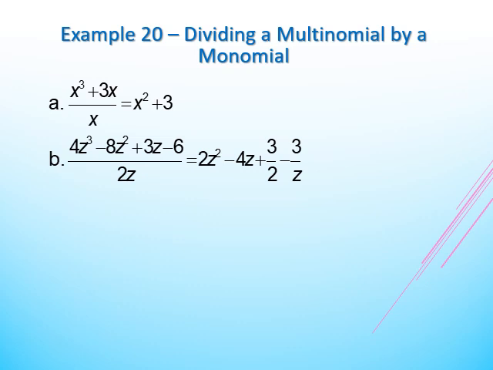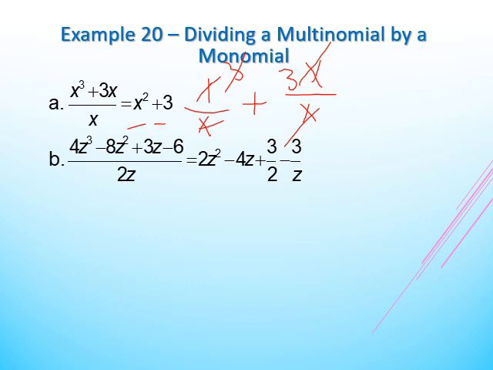We should separate this into two fractions like this: x to the power 3 over x plus 3x over x. To be the result, here x to the power 3 minus 1 equals x squared, and 3x over x equals 3. This is for part A. Let's move to the another one, which is B.